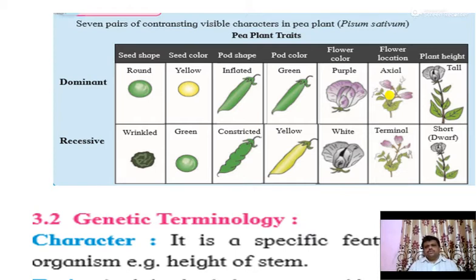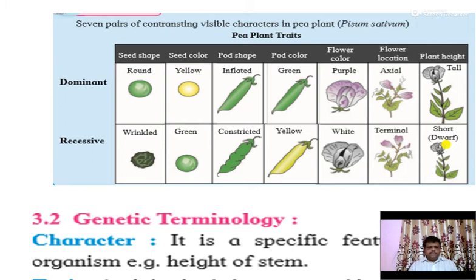Now just see the last and seventh character, that is the plant height. There were two traits selected by Mendel. The first one was the tall plant and the second one was the dwarf. Out of these two traits, tall is dominant and dwarf is recessive.